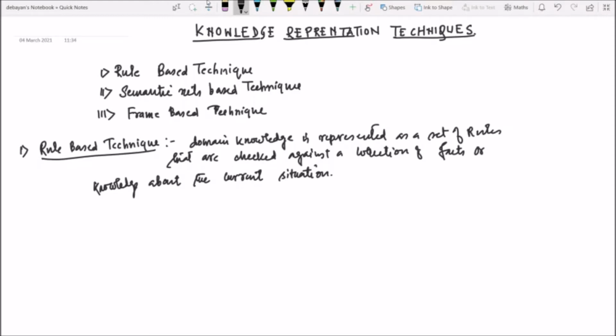So like that, it may be possible to design a rule based system, say for a robot that visits a zoo.